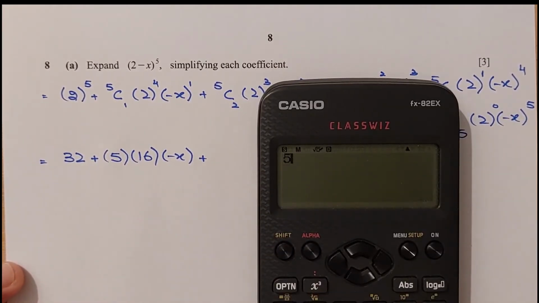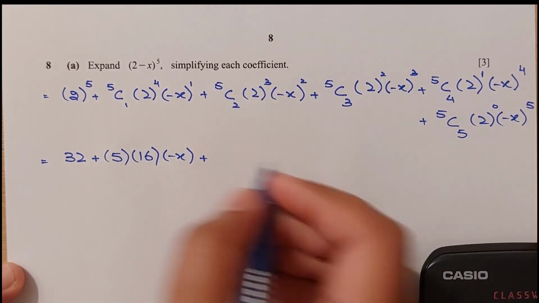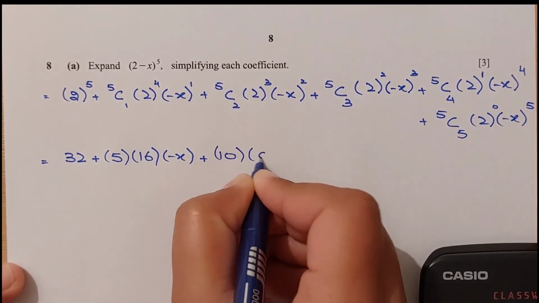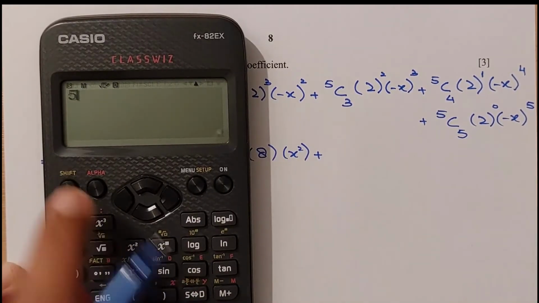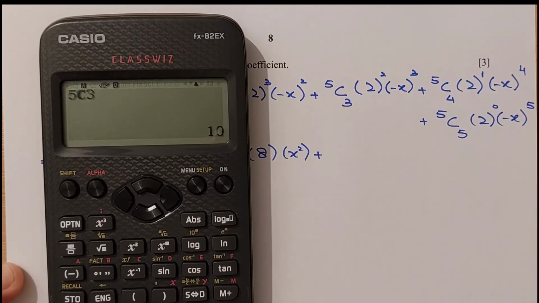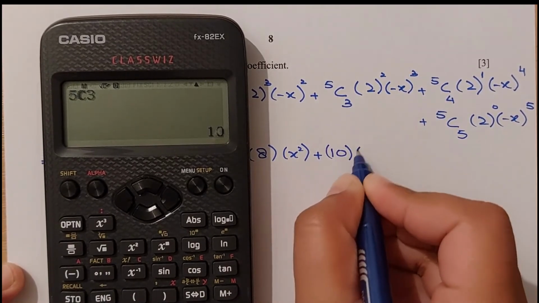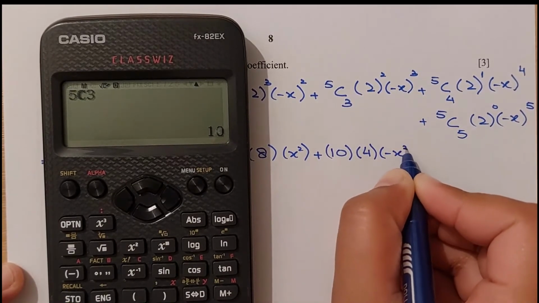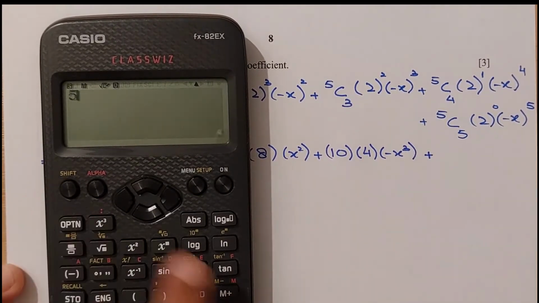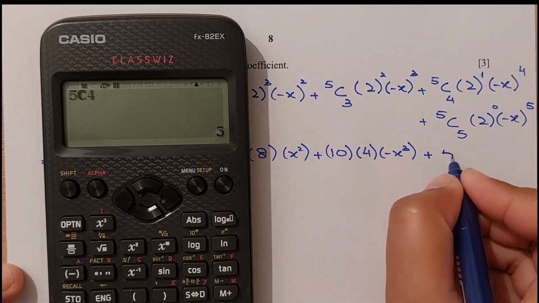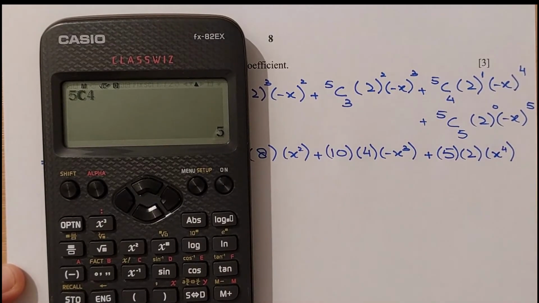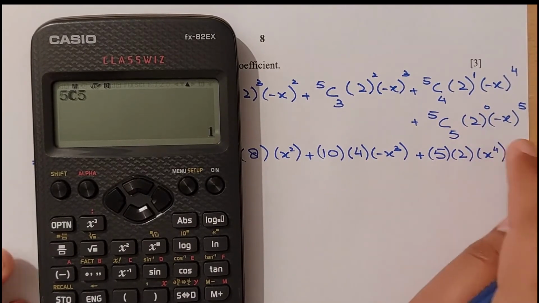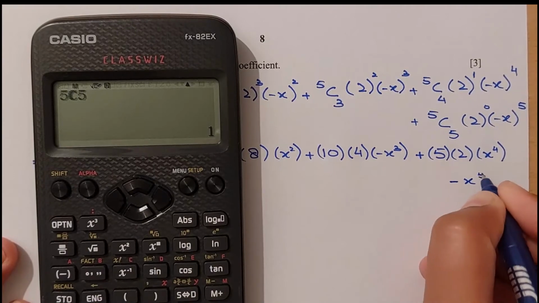Okay, 5c2 is 10. 2 cube is 8 and x square. 5c3 is equal to 10. 2 square is 4 and minus x cube. 5c4 is 5 times 2 and x power 4, right? 5c5 is just 1 and 2 exponent 0 is also 1 and this is just minus x power 5.